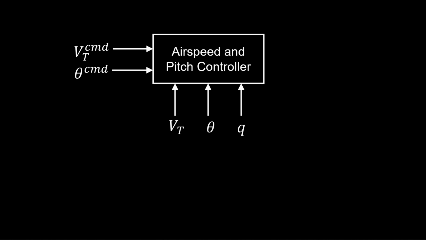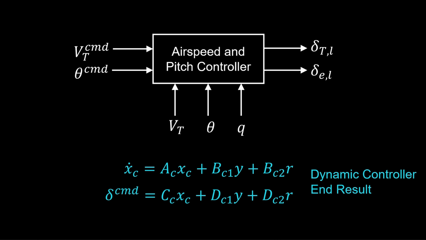The end result is a combined process receiving commanded airspeed and pitch angle inputs, receiving achieved airspeed, achieved pitch angle, and achieved pitch rate, and outputting the desired throttle and elevator to the plant. This is mathematically captured with a single state space model.